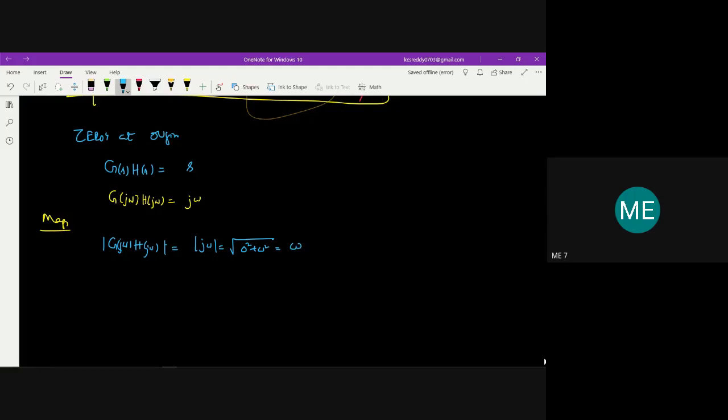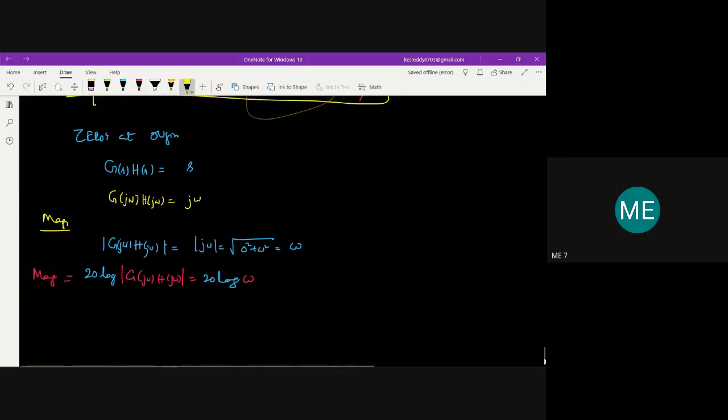It is in terms of omega. Then apply 20 log to the magnitude, that is mod of g of j omega h of j omega, which is equal to 20 log omega. So here, this is the equation for the magnitude.